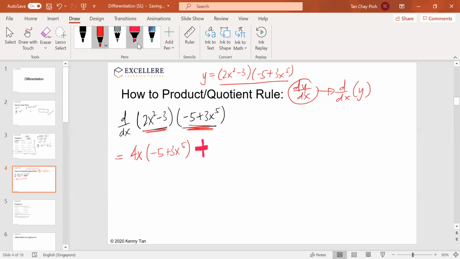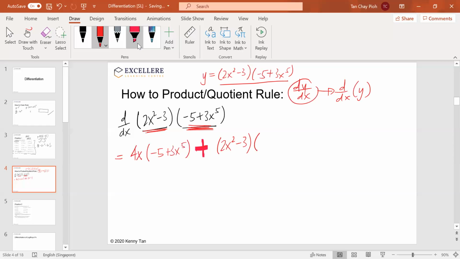So we saw this thing coming first, so we differentiate 2x squared minus 3 and we get 4x. So we are going to hold the second term, which is minus 5 plus 3x to the power of 5. Always remember it's always a plus. It's very important, it's always a plus. And then the next step will be to hold the first term and differentiate the second one.